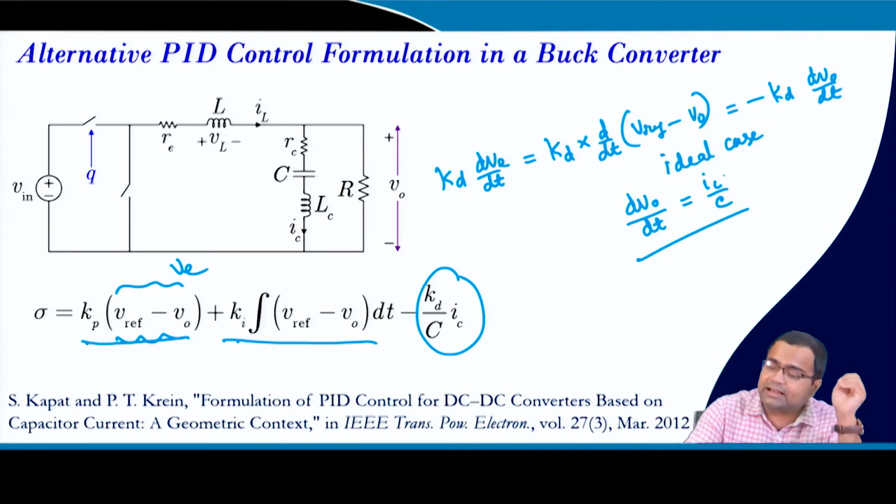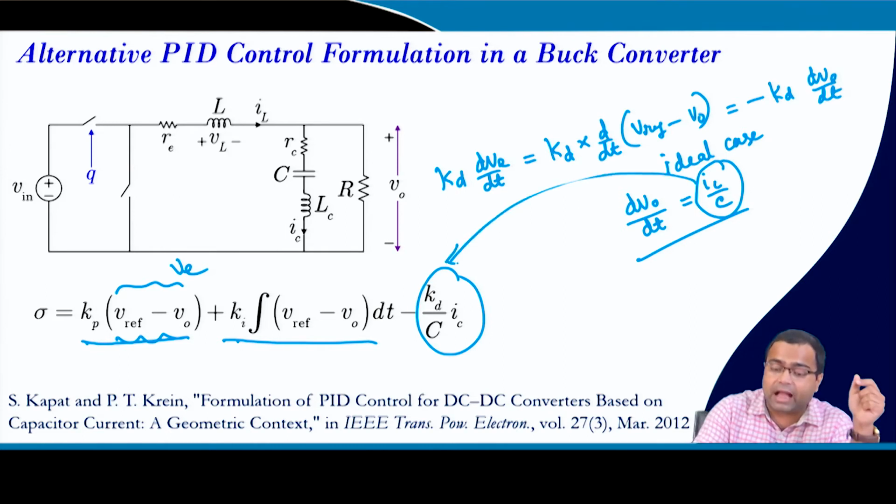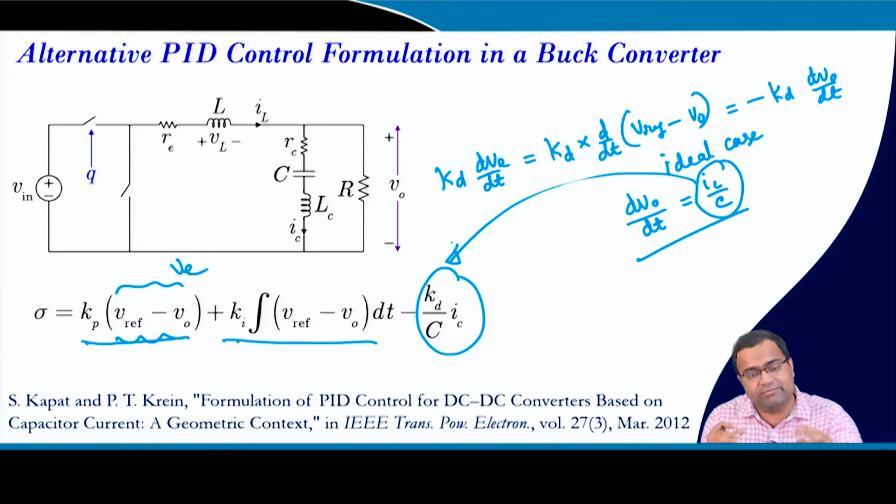So, now if we take the capacitor information rather than direct derivative, it will give something like an ideal derivative action, as if even though the circuit will have ESR and ESL, by incorporating capacitor information we can retain the ideal derivative action even for a practical circuit. So, that means we can resemble the ideal derivative action in a practical circuit by sensing either capacitor current, or sensing inductor minus load current, or their combination along with the estimation.